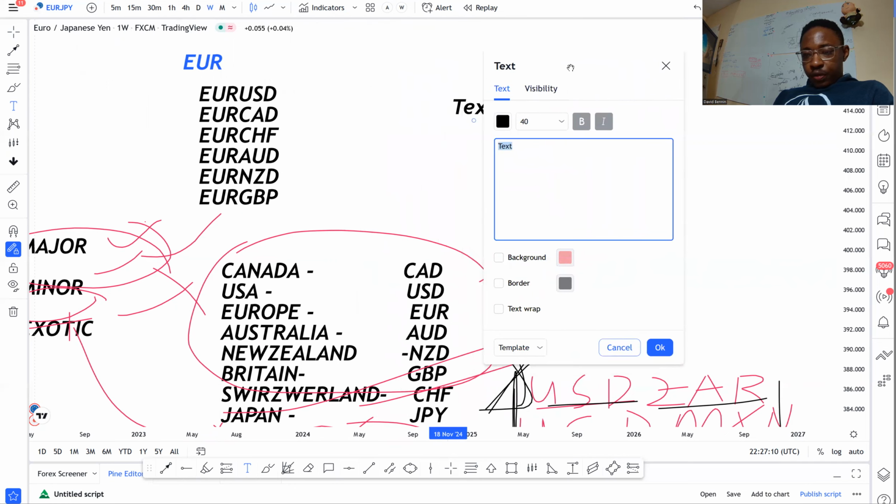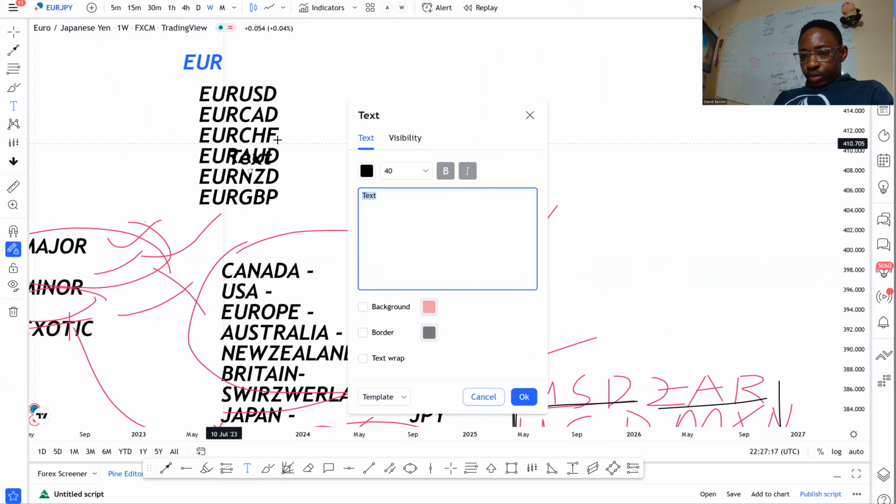I think it's left with one, and then euro JPY.